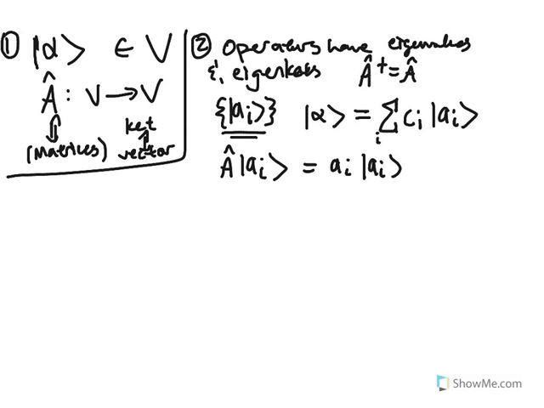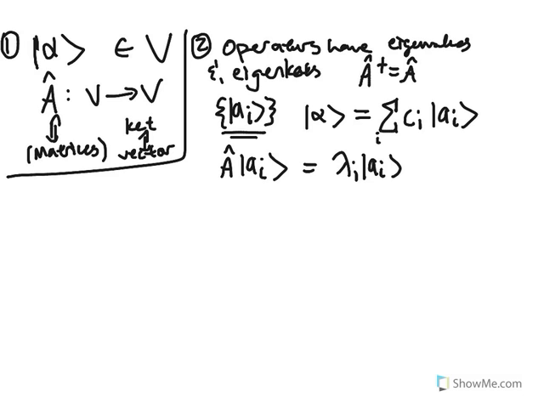Or I guess maybe I'll write lambda here. Right. And so if you remember your linear algebra, this is something you had to spend a lot of time calculating, the eigenvectors and the eigenvalues of different matrices.